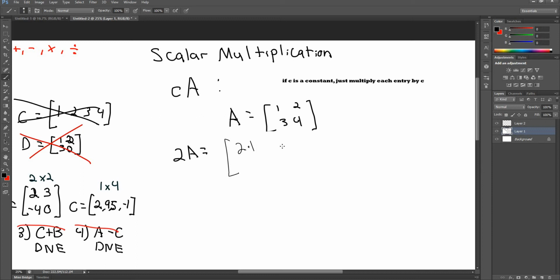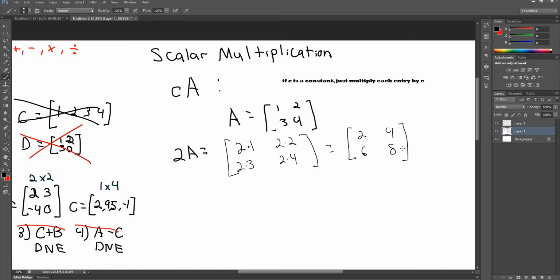For row 1, column 2, it'll be 2 times 2. Row 2, column 1 is going to be 2 times 3. Row 2, column 2 is going to be 2 times 4. So this is just equal to 2, 4, 6, 8.